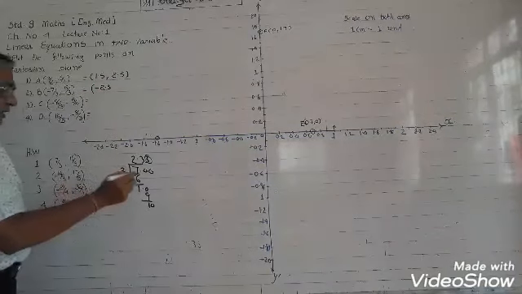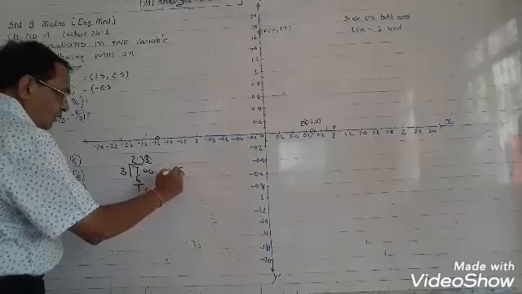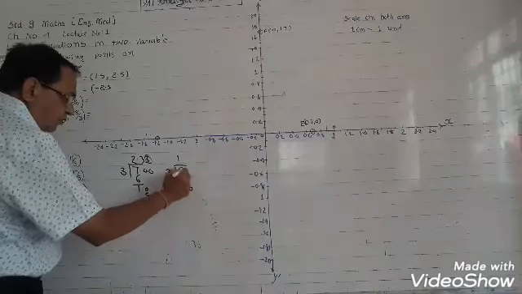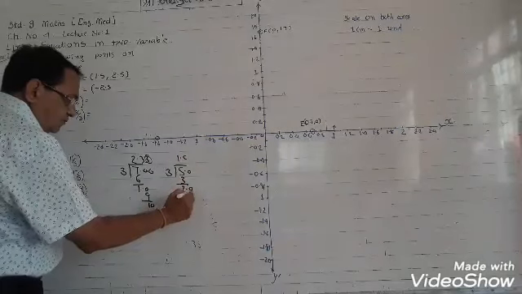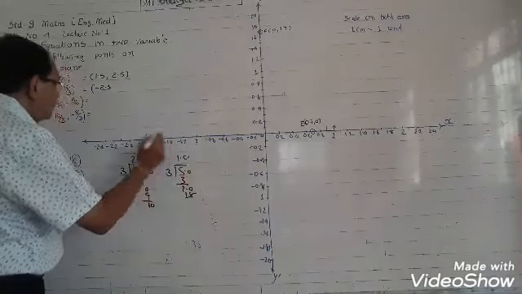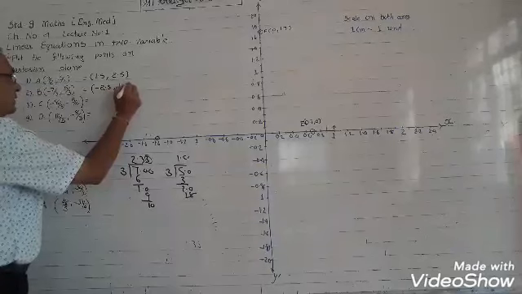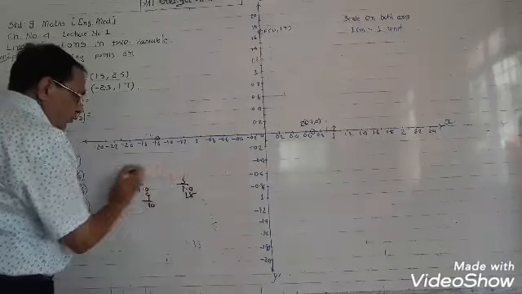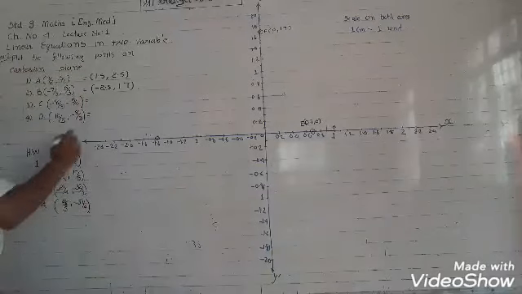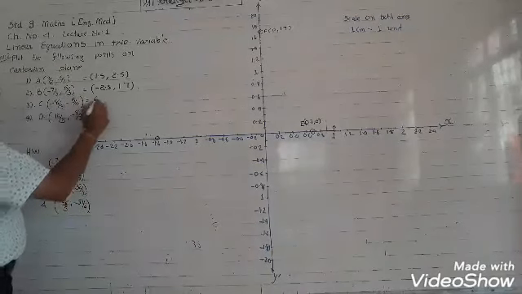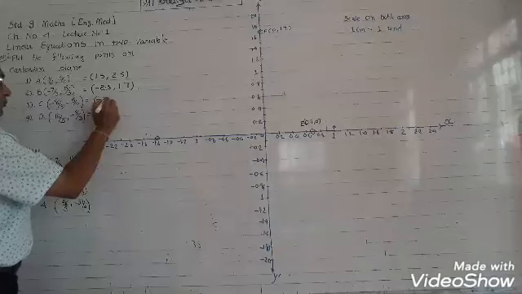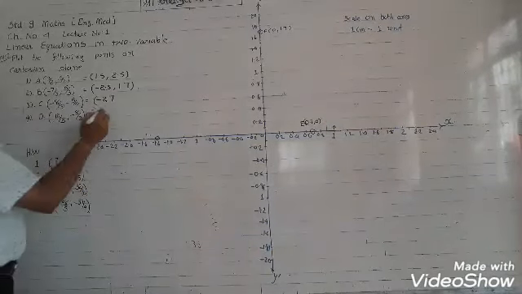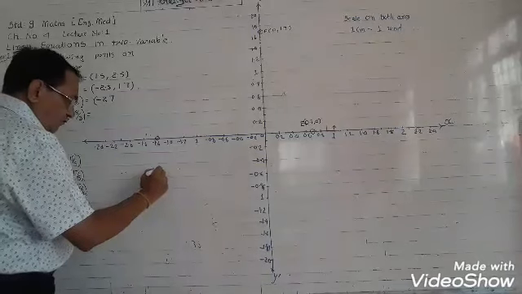And 5 upon 3: 1 three is 3, 2 0, 6 threes are 18, so it is 1.7. Minus 8 upon 3 is minus 2.66, which is minus 2.7.